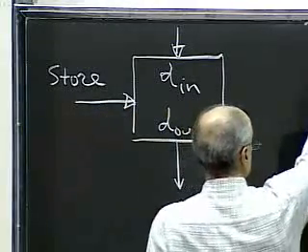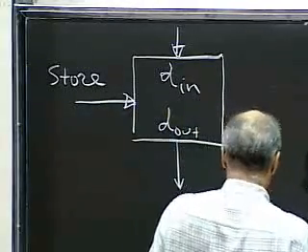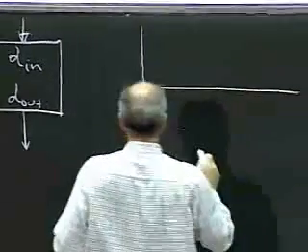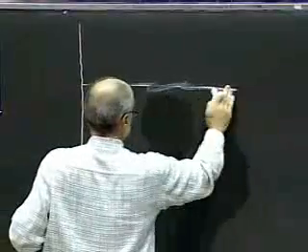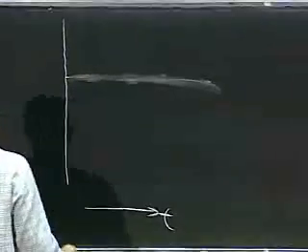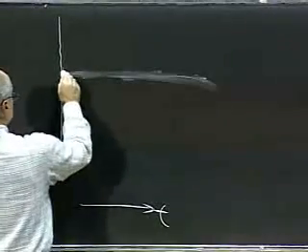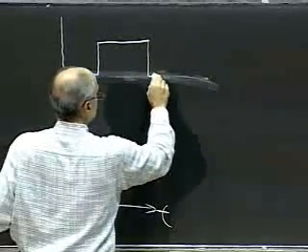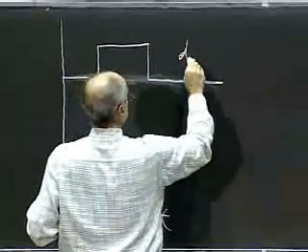So if we were to make a drawing of what this looks like, actually, let me do all this in one axis. So time moves this way. So let's suppose that we have an input D in that looks like this.